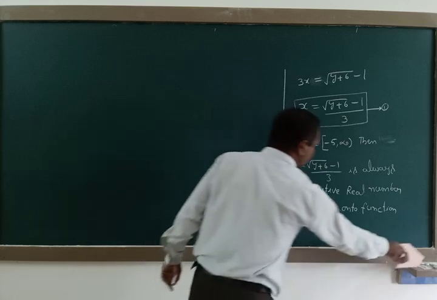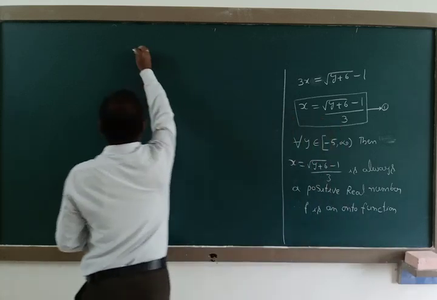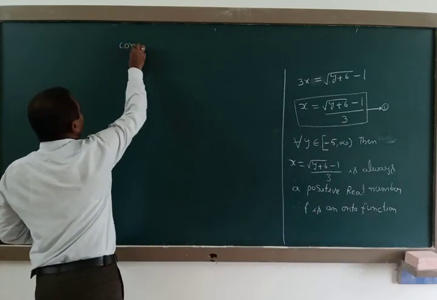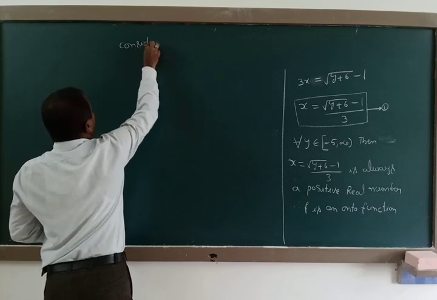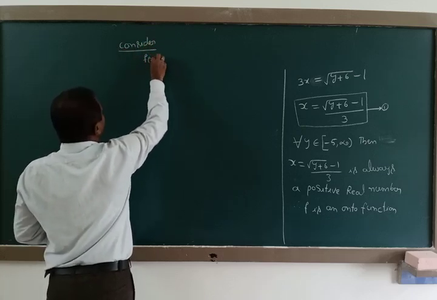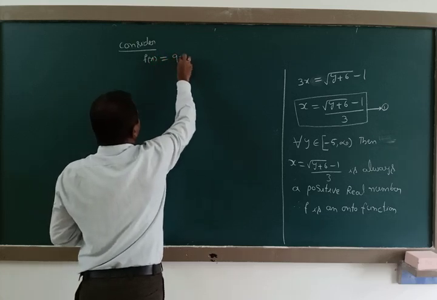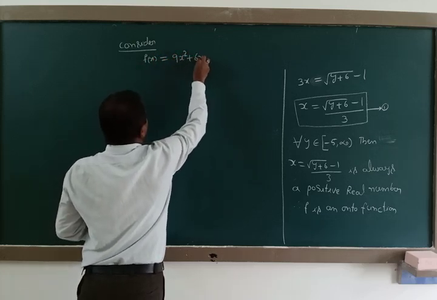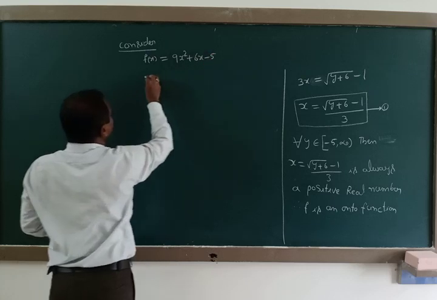Verification. Consider f of x is equal to 9x square plus 6x minus 5.